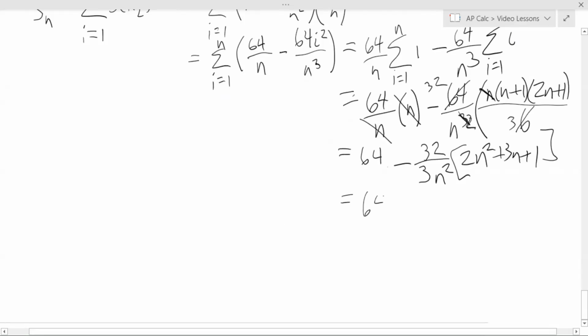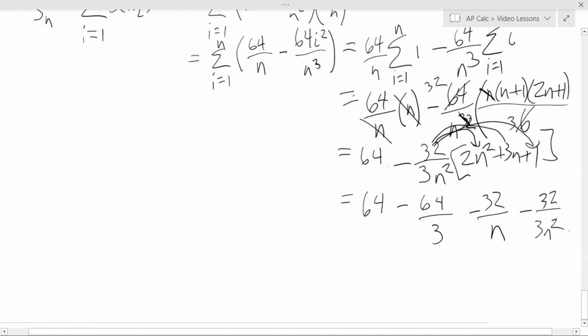So you'd have 64 minus 64 over 3 if I distribute it here, because the n's would cancel. If I distribute it here, it's going to be minus 32 over n, because the 3's will cancel and a factor of n will as well. And when I distribute it there, you'd have minus 32 over 3n squared.